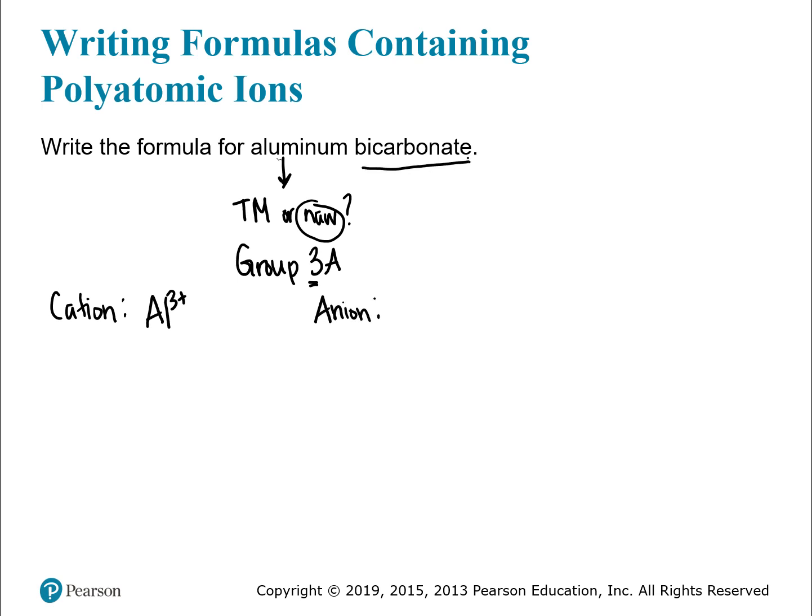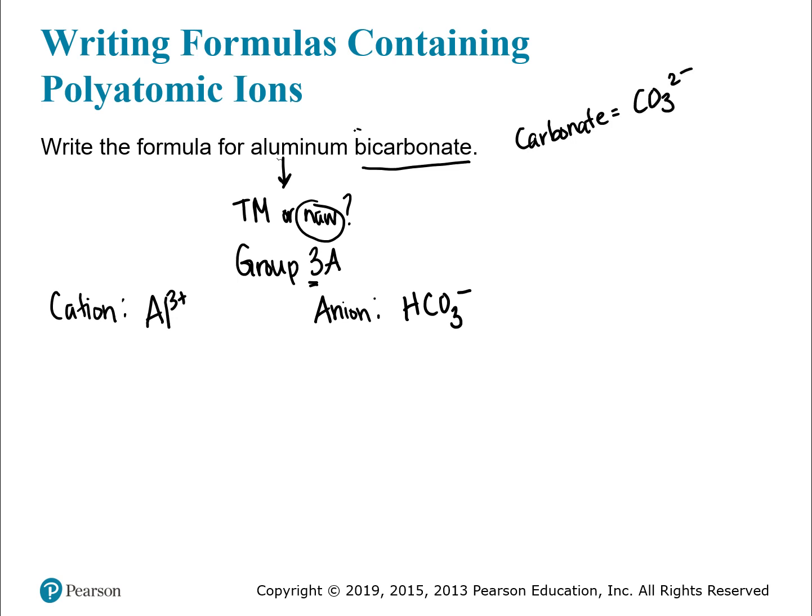Now we've got our anion. That's bicarbonate. If you look it up on your chart, you'll see that's what it is. If you don't have your chart, you need to know that carbonate is CO3 2-.